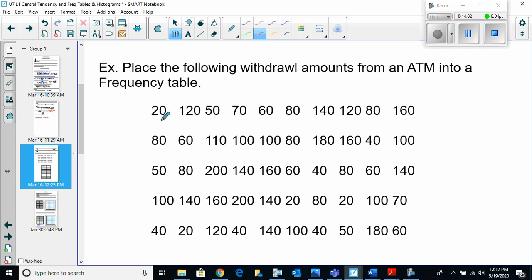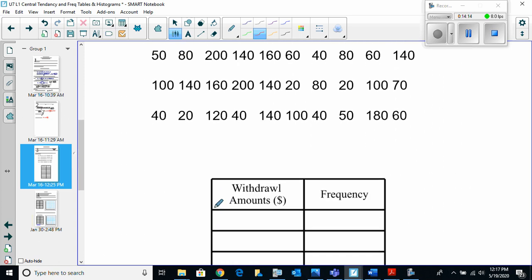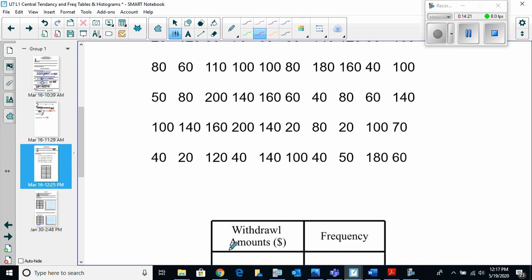Now when we have 20 once, twice, 3 times, 4 times, and so on. Okay, so now let's organize this in a table that tells us the withdrawal amount and the frequency.